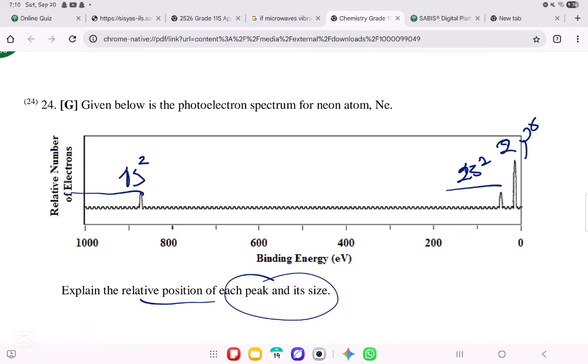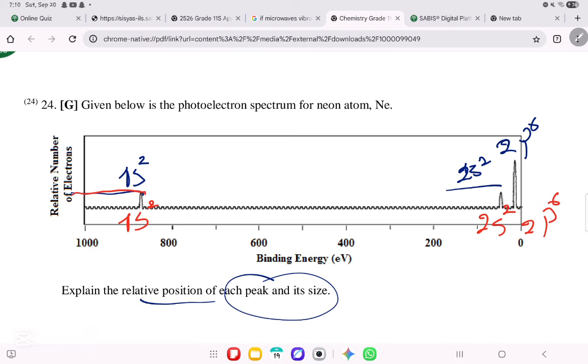So we always start with what? With 1s. This we can know. Now, based on the height, we can know the number of electrons. Again, same thing. This is 2s 2p. Based on the height, we can infer what? We can infer the number of electrons.